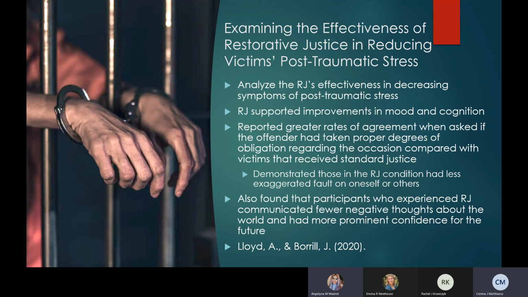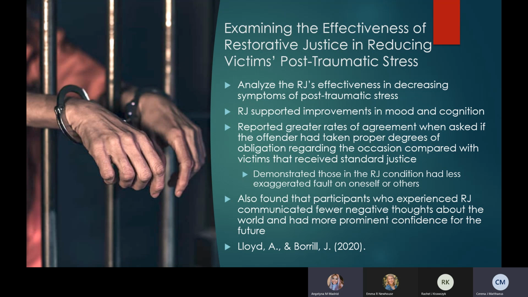So in an adolescent sample, restorative justice supported improvements in mood and cognition. And the juvenile victims who took part in the restorative justice reported greater rates of agreement when they were asked if the offender had taken proper degrees of obligation regarding the occasion compared with victims that received standard justice.